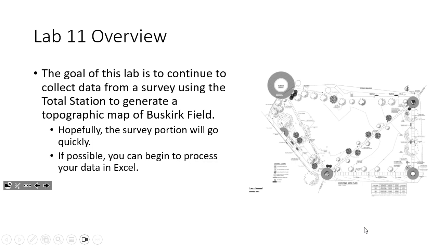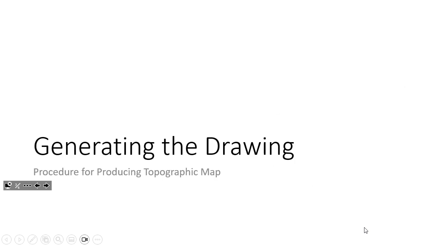I go through the process in the handout right there, but ultimately what you need to do is take all of your data files and combine them into a single comma-separated value file that has 5 columns. The first column has the point numbers, then northings, then eastings, then elevations, and then descriptions. It should be pretty straightforward, but I think it's a good idea to go ahead and do that today.